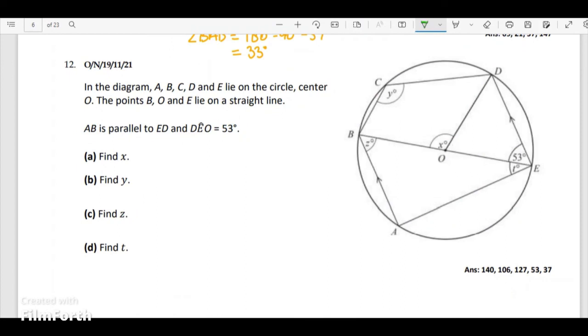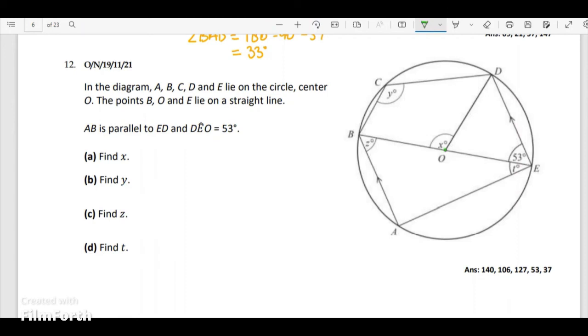Question number 12. In the diagram, A, B, C, D, E lie on the circle center O, the points B, O, and E lie on a straight line. AB is parallel to AD and DEO equals 53 degrees. So before getting on to the work, let's just see what we can figure out.